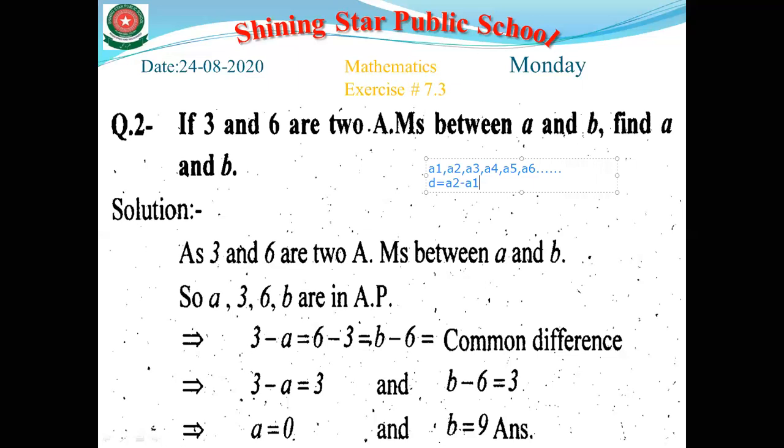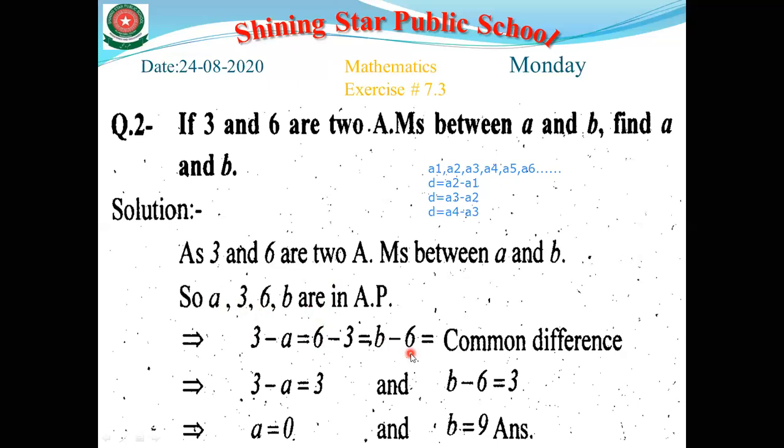And we can also find d equals a3 minus a2, and d equals a4 minus a3. So all these terms give the same answer. So we apply the same logic in this question. For finding d, 3 minus a equals 6 minus 3 equals b minus 6.